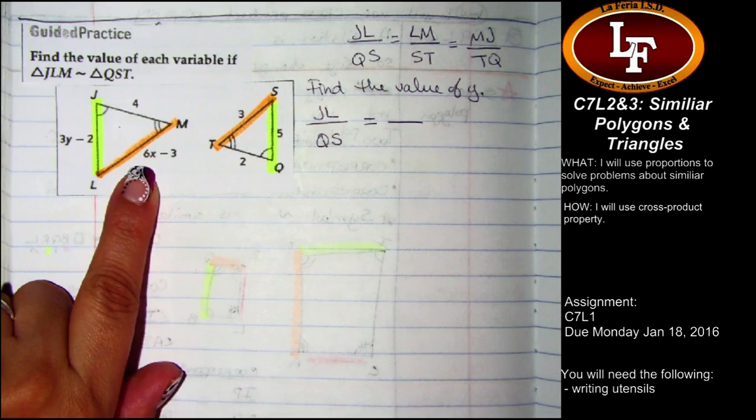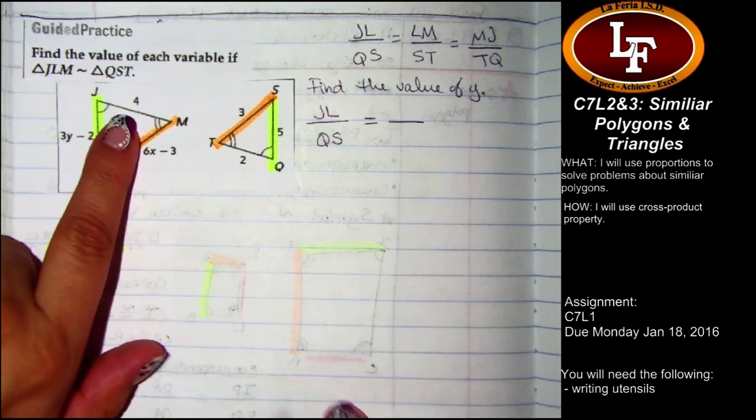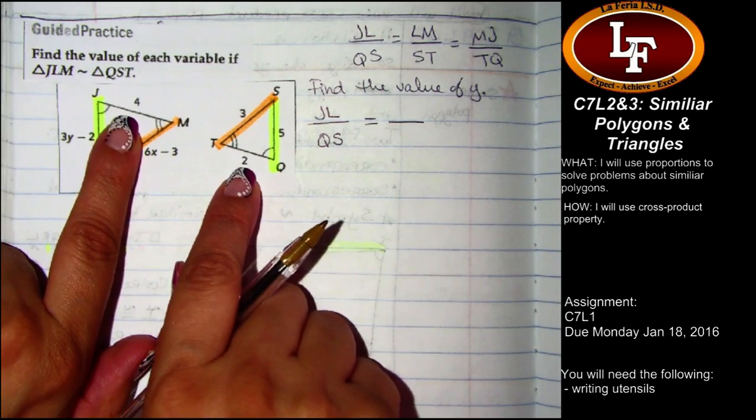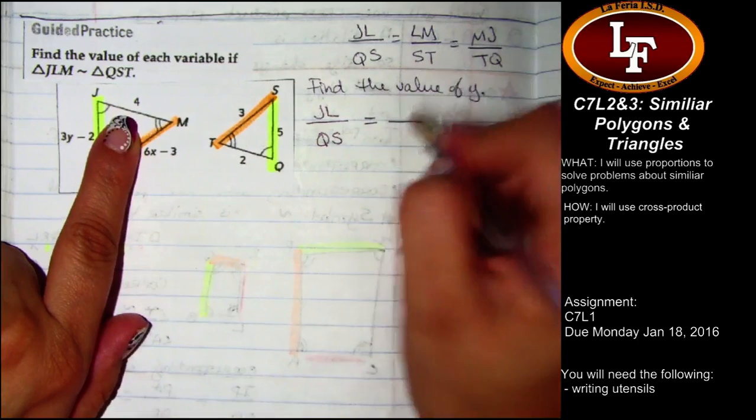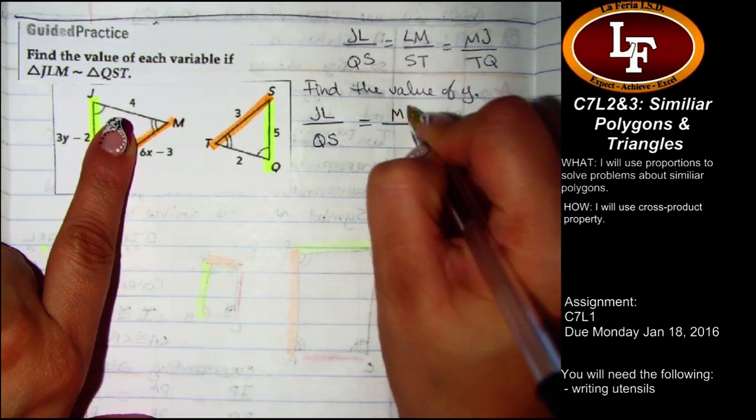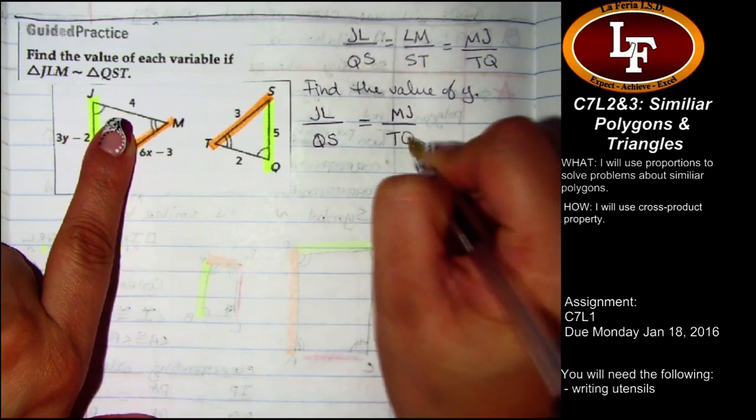You're not wrong, but it might make things more complicated. And the whole goal is to make it as simple as possible. So this one, while the right choice, isn't the easiest choice. So select the other scale factor instead. MJ and TQ.